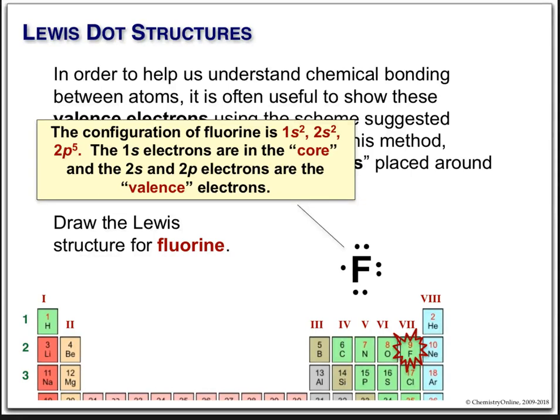This is fluorine with its 7 valence electrons. Now, does it matter if this guy has a partner or if this one's single or that one? No. This is bookkeeping. It doesn't matter where you put the unpaired electrons. Only thing that's important is when you draw the Lewis structure for the fluorine atom, you have 3 sets of paired electrons and 1 unpaired electron. The only thing that matters.